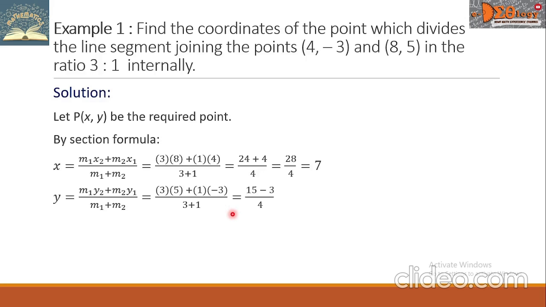The numerator is simplified as 15 minus 3 all over the denominator 4. In the numerator, the difference is 12 divided by the denominator 4 and the quotient is 3. Therefore, the point 7, 3 is the required point.